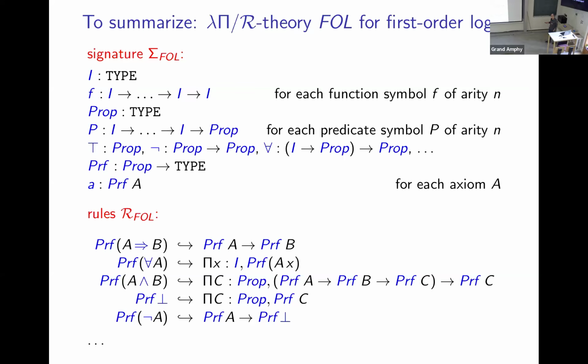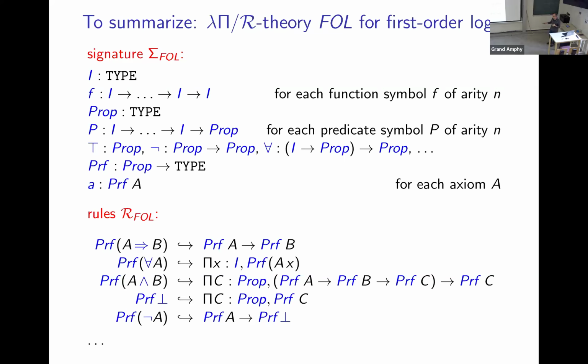We have a type for propositions, and this is the signature for connectives. We have this proof symbol that maps propositions to types, and then if in your theory you have some axiom A, you just need to add a new constant small a that is the proof of A. So you assume that A is true. And then you have these rules.